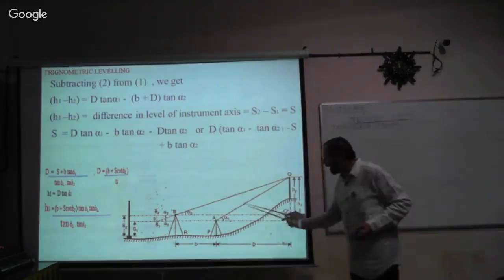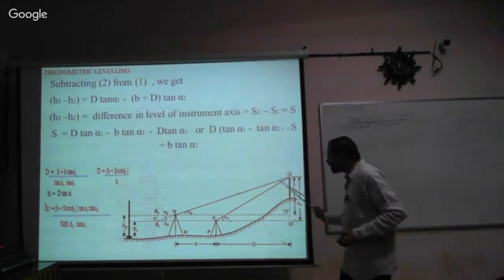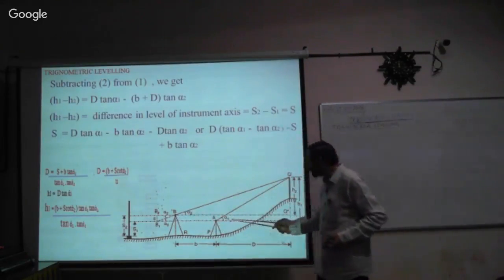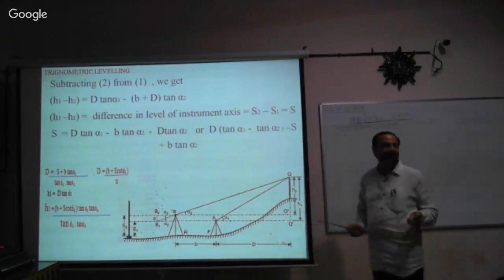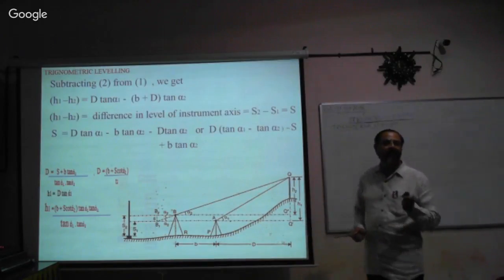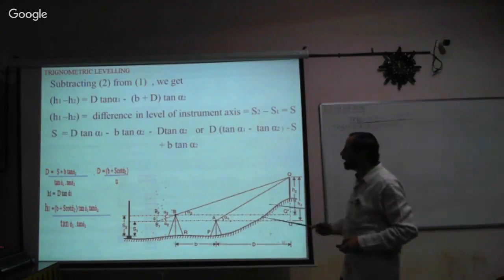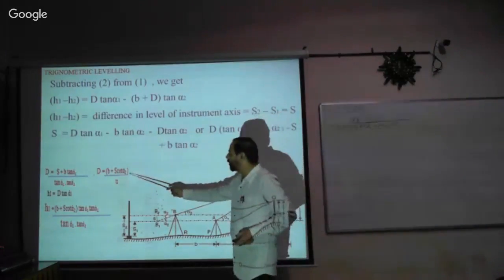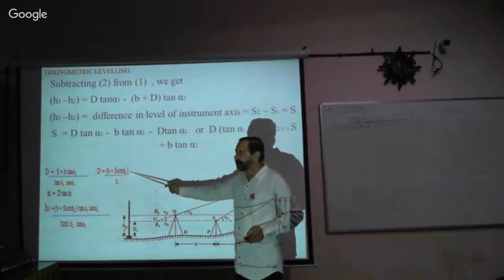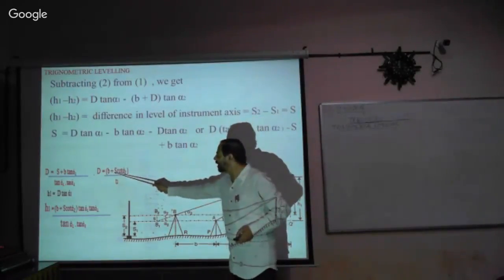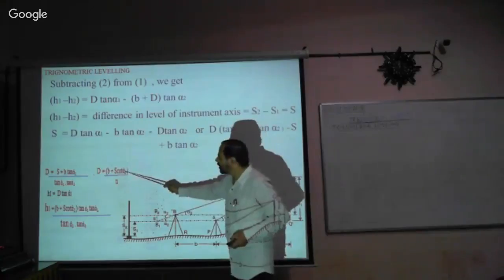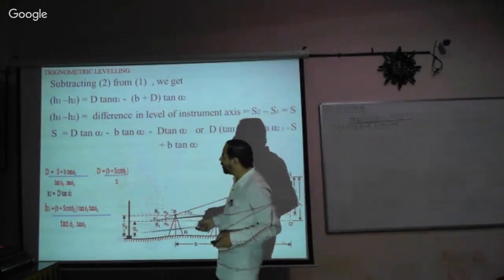Now H1 is the same in both triangles. Now equate those two. Now this is the equation we are going to get: D is equal to B plus.